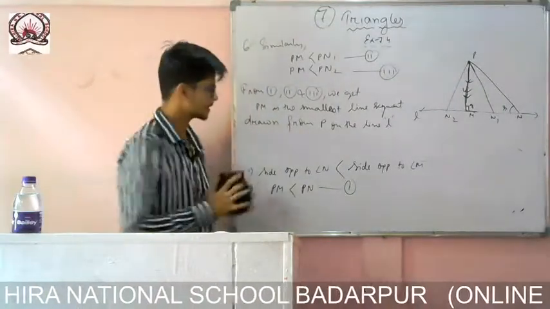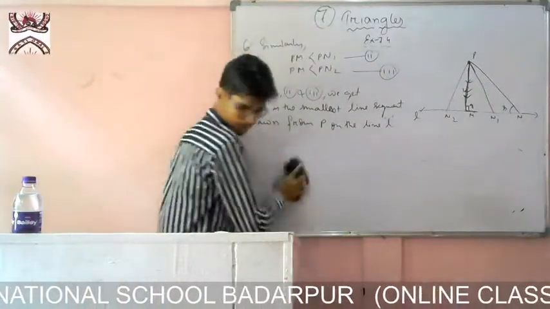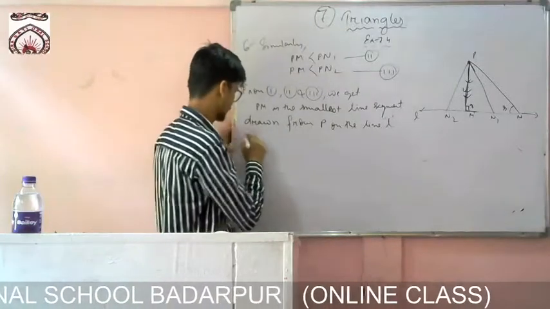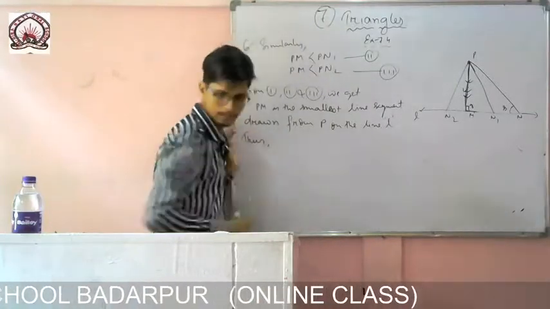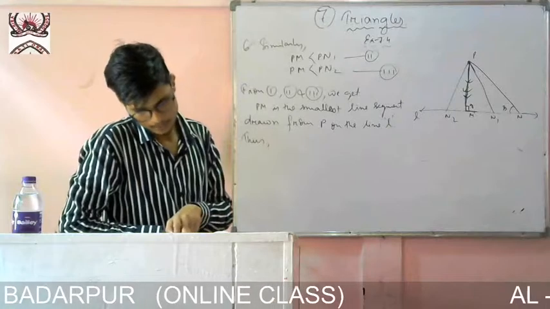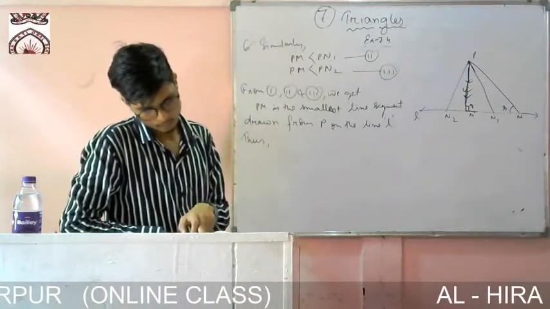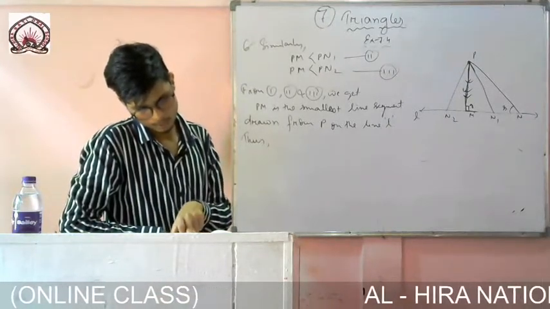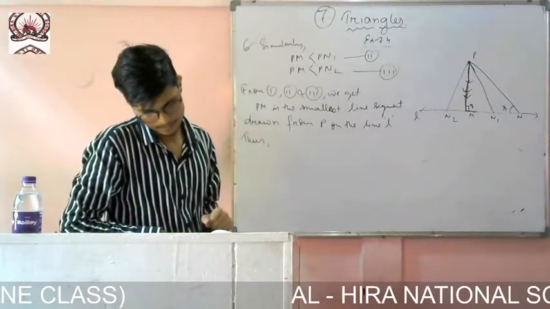So what is given in the question, you write that one. So thus, the question is: show that of all the line segments drawn from a given point not on it, the perpendicular line segment is the shortest.